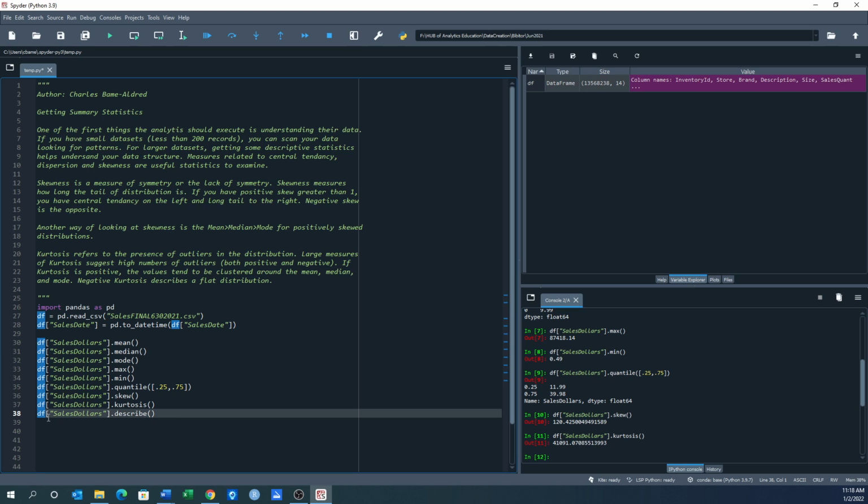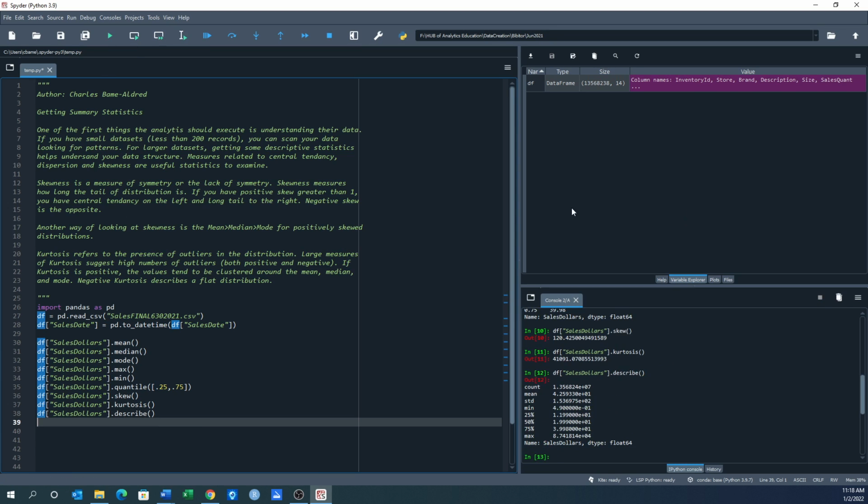And now let's try this describe, and let's see what this gives us. Okay, this gives me some more interesting statistics. It was given to me in scientific notation, but that's okay. So it's giving me the max, the median, which is the 50%, the interquartile range, the minimum, the standard deviation, which I didn't even put in here. I'm surprised I missed it.